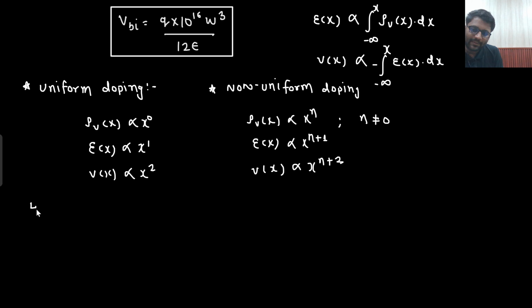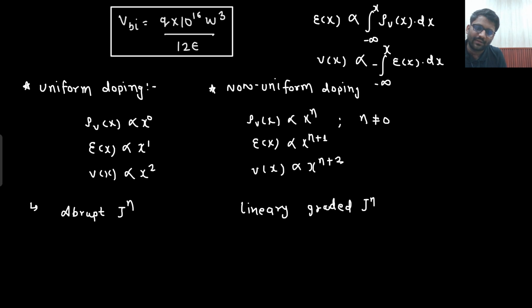Another thing we can see is abrupt junction versus linearly graded junction. For the abrupt junction, what was your W depletion? That came out to be the square root of 2 epsilon by q times (1 upon Na plus 1 upon Nd) times V built-in.